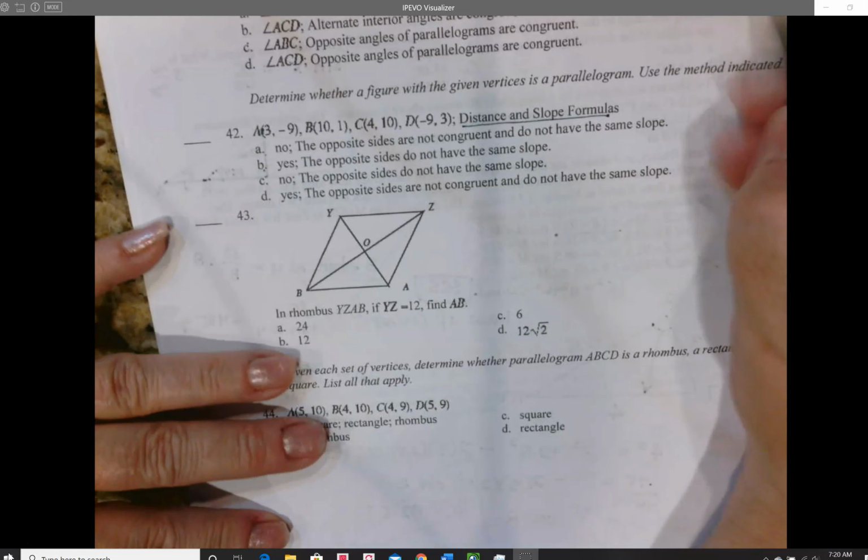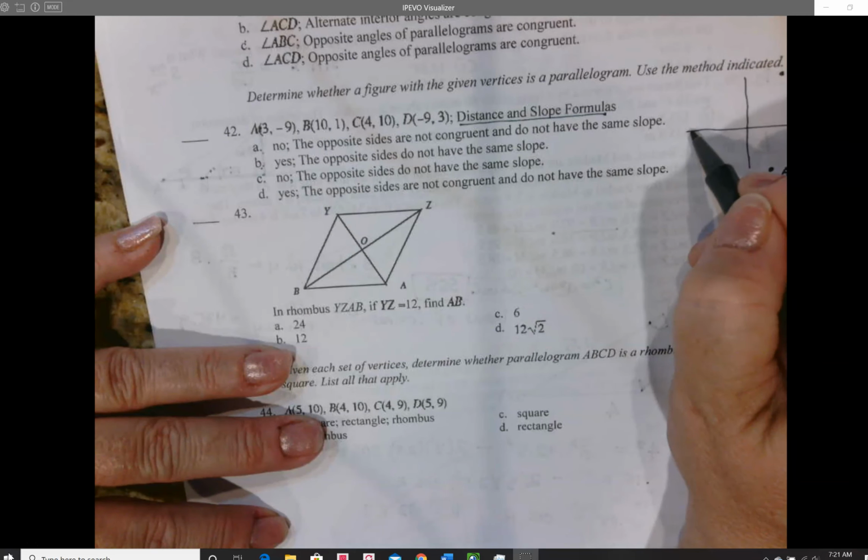So I'm going to draw a very rough sketch of this just so I can picture which sides are opposite. So I'm going to go to 3, negative 9 for A, 10, 1 for B, 4, 10 for C, and negative 9, 3 for D.